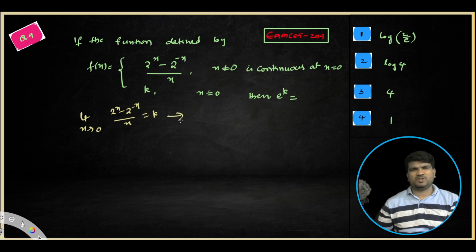Using L'Hospital rule, differentiation of 2^x is in the form of a^x. What is the differentiation of a^x? That is a^x into log a.